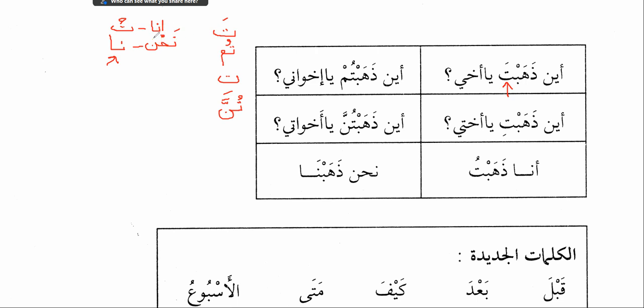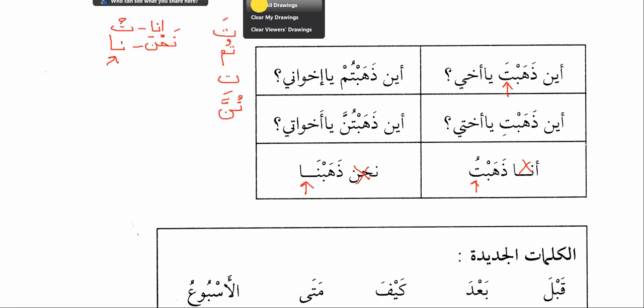I have already given the name in the previous videos. Noon al-fa'ilin. Ana dhahabtu. Nahnu dhahabna. In this case, even if you don't say nahnu or ana, by seeing the damir, you will know to whom it's being spoken or who is speaking. Either it is for singular or either it is for plural.